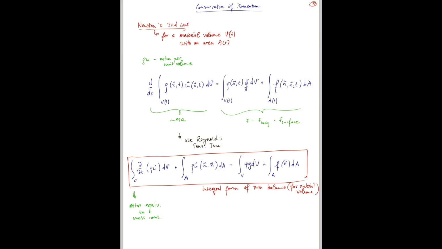And you remember mass conservation was simply the volume integral of d rho by dt dV plus the integral of rho u dot n dA had to be 0.